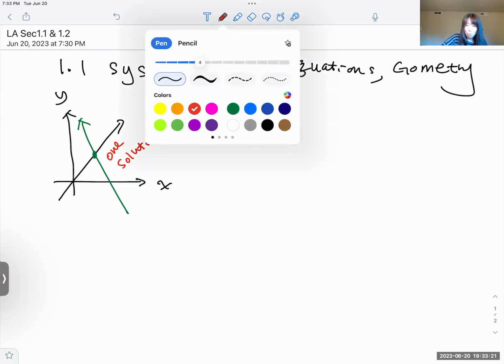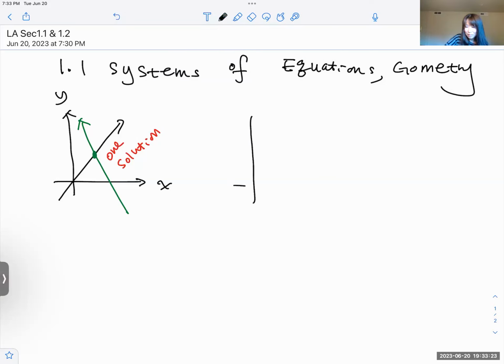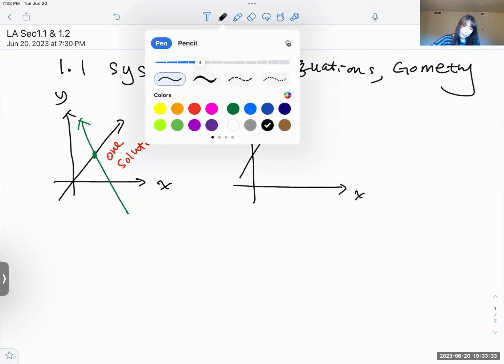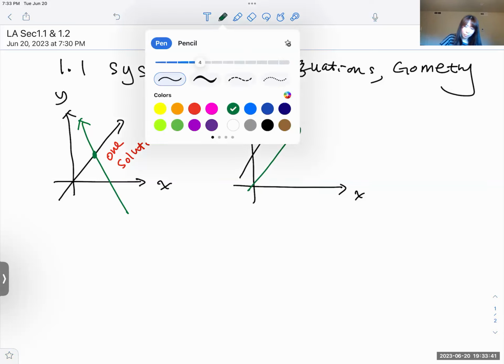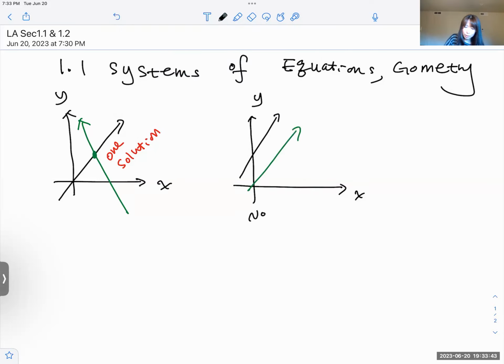Okay, now we have x and y in two dimensions. So what if we have two lines, one line like that, another line like this? Is there a solution? No. No solution, right?